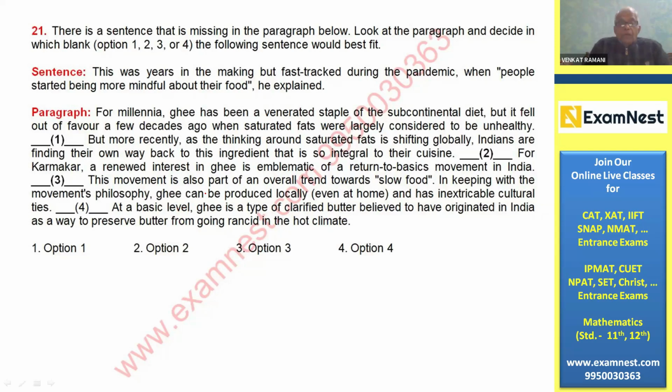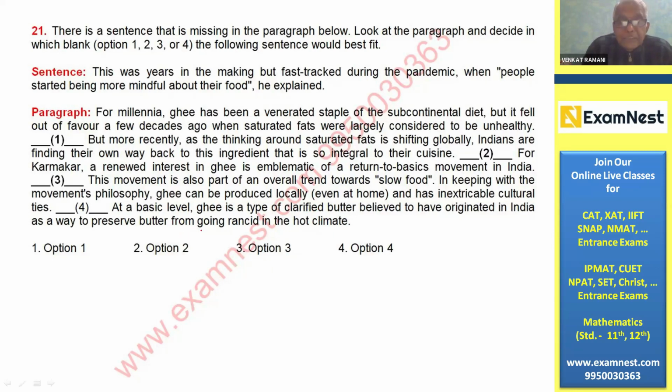Now, if you put it after 3, if you have a sentence like this movement is also a part of such and such thing, then accommodating the sentence with he explained becomes very difficult, because you have the reference to Karmakar.